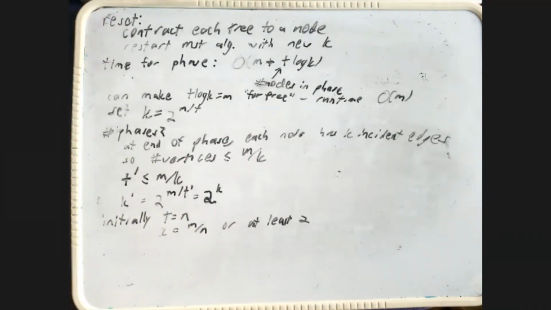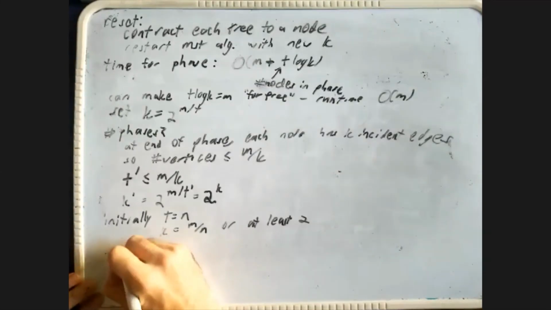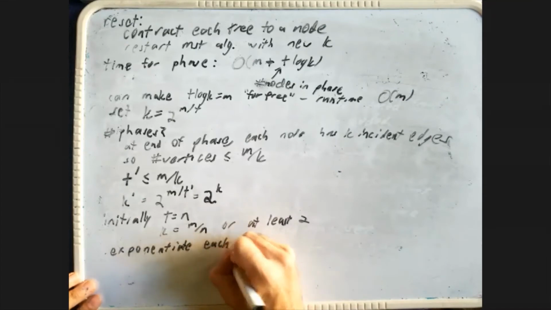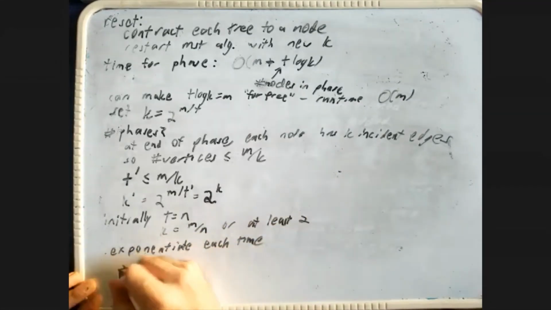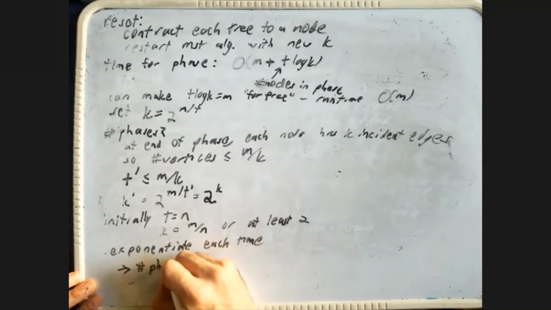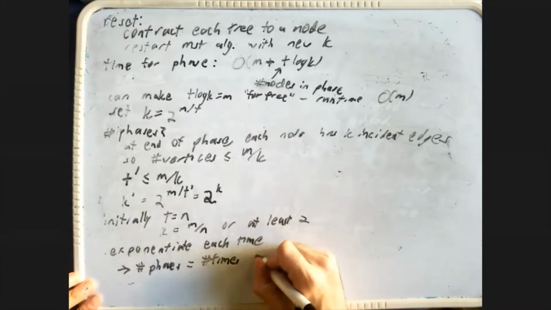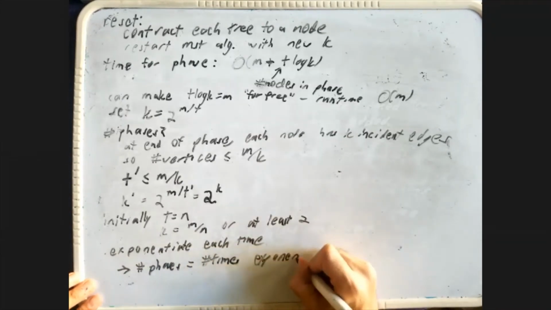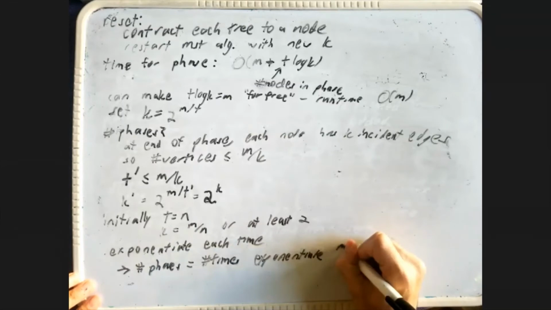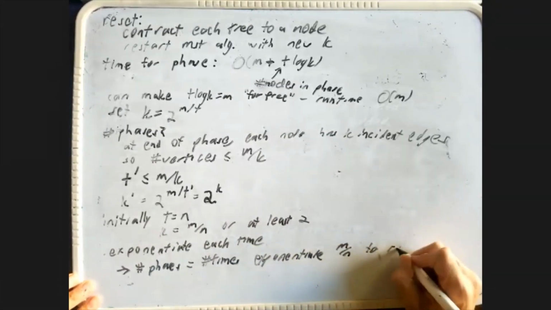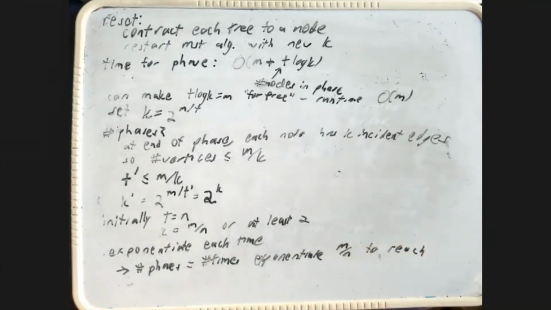And now each time we run the algorithm, we're going to exponentiate each time. And so what that tells us is that the number of phases is equal to the number of times we have to exponentiate m over n to reach, when do we stop? What's the final phase?